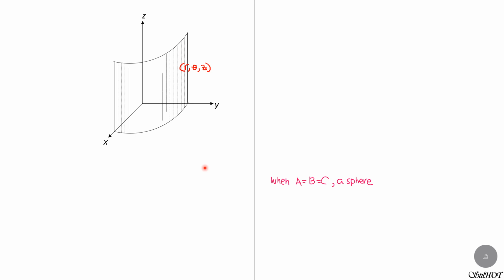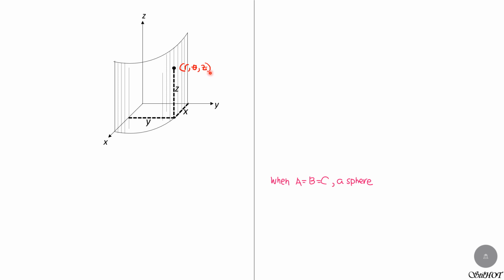So we can now analyze the equivalent x, y, and z coordinates. So this is x, and that's y, and that's small r from the origin, and z is just z.